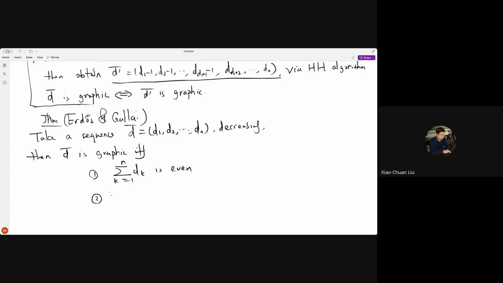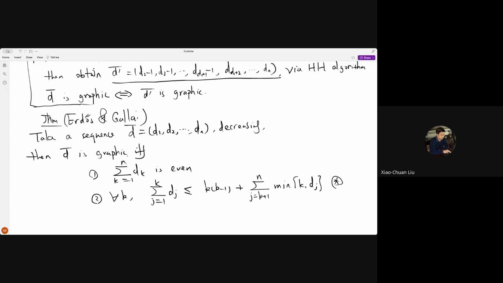And second, for all k, you have this inequality: the sum from j equals 1 to k of dj is smaller or equal than k times (k minus 1) plus the sum from j equals k plus 1 to n of the minimum of k and dj. We call this star.